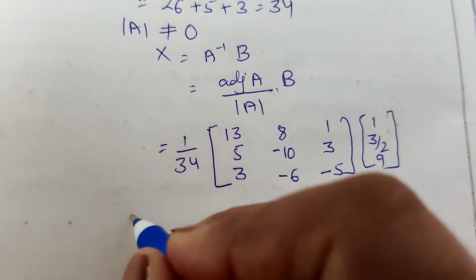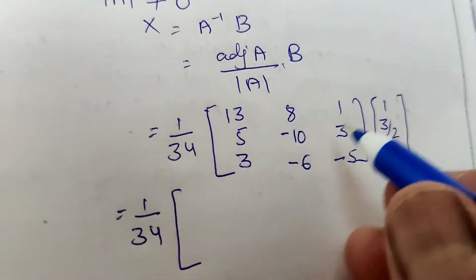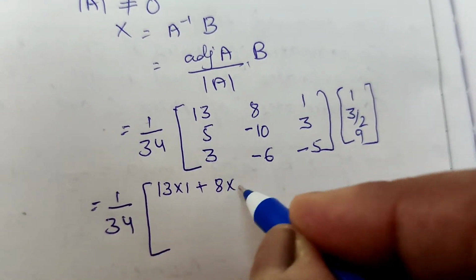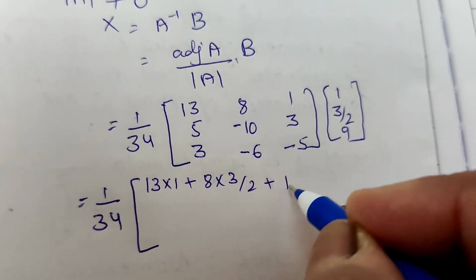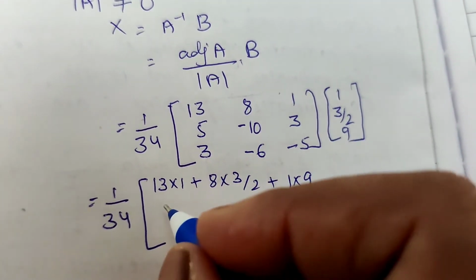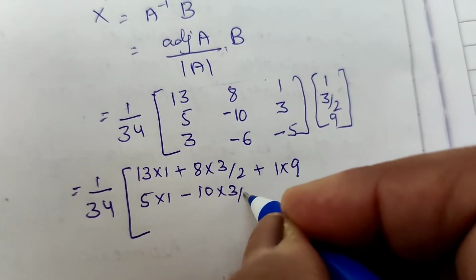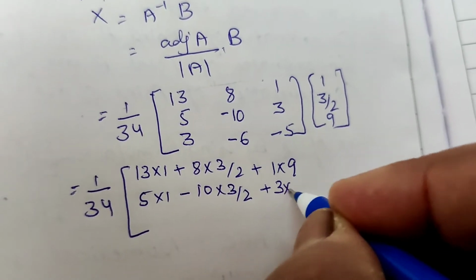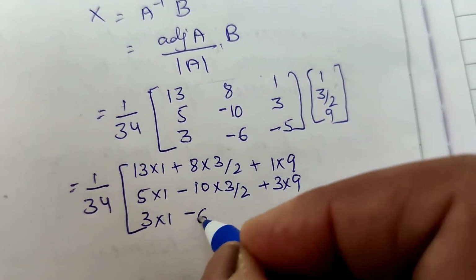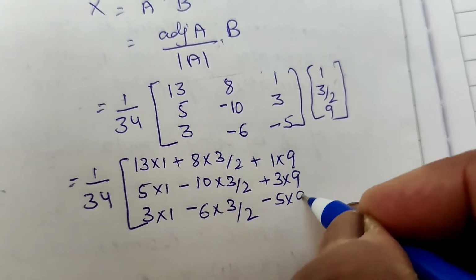Now multiply 1 by 34 outside: 13 into 1 plus 8 into 3/2 plus 1 into 9. Second row: 5 into 1 minus 10 into 3/2 plus 3 into 9. Next: 3 into 1 minus 6 into 3/2 minus 5 into 9.